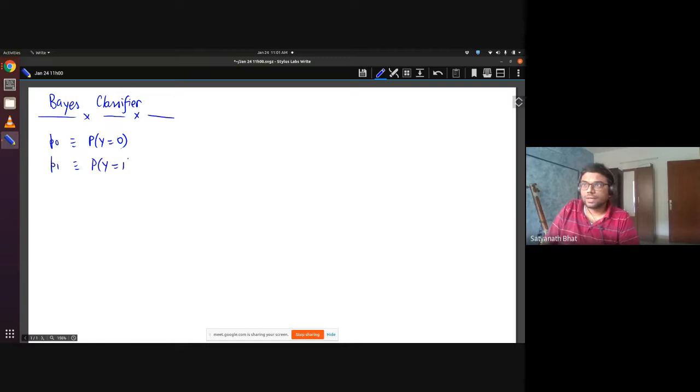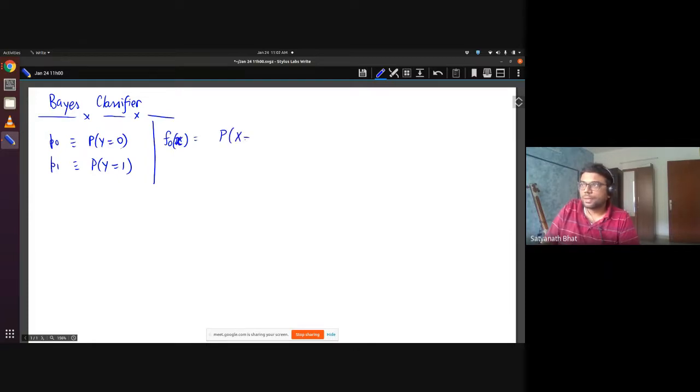Probability, this is your prior, right? What is the ratio in which the classes are there? Then, given that you are in a certain class, what can you say about the features? How do the features look given that they belong to some class? This depends upon the PDF, or if it is discrete, then it is P of capital X. So this will be small x, for example.